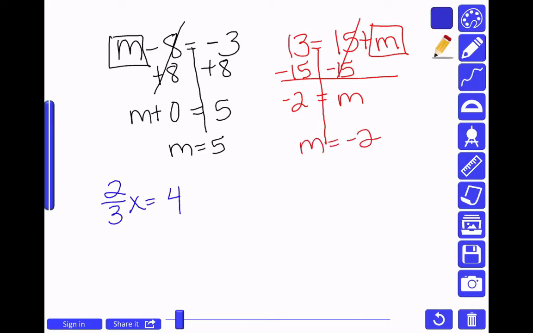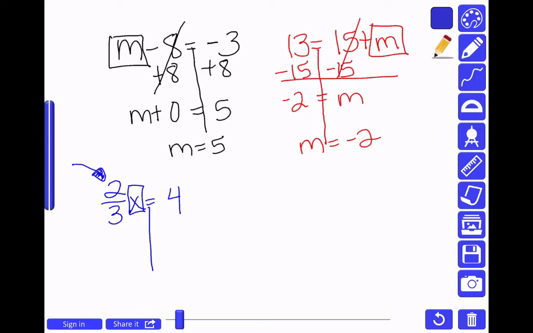Here we have 2/3 x equals 4. Here's my equal sign. Here's my variable. Again, notice I'm only boxing in the variable itself and not the coefficient. This is called the coefficient, the number being multiplied by the variable. This number, 2/3, is being multiplied by x. The inverse of multiplication is division.